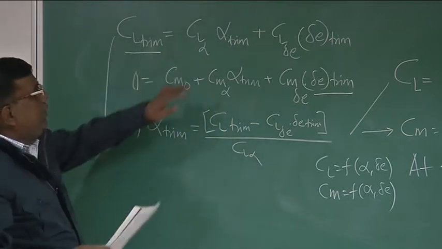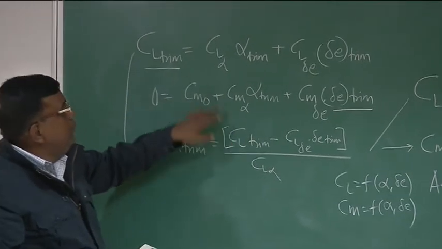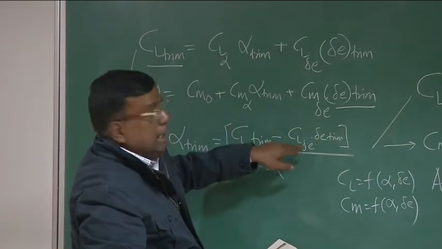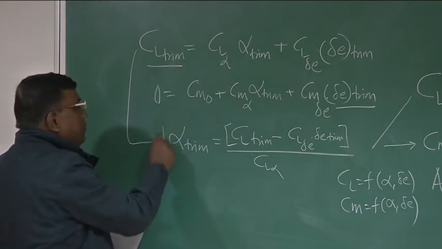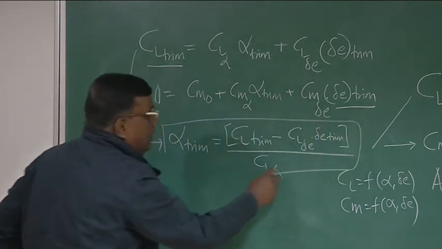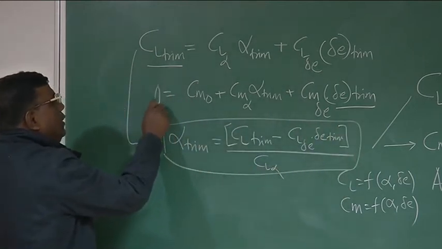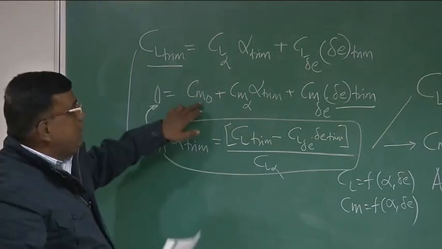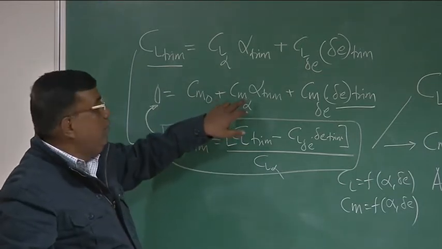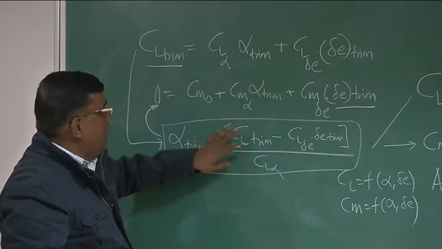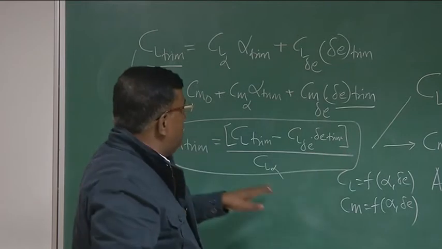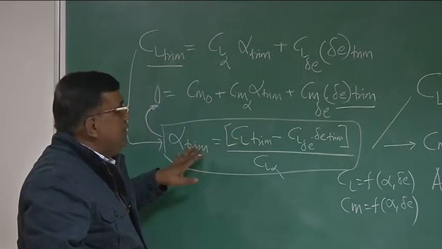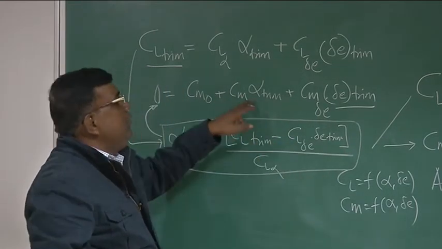Now this alpha trim expression I will be plugging into this equation, that is Cm naught plus Cm alpha into alpha trim. Instead of alpha trim, I will put this expression, plus Cm delta E into delta E trim. Now you could see that alpha trim is vanished, so delta E trim and Cl trim will remain in this.